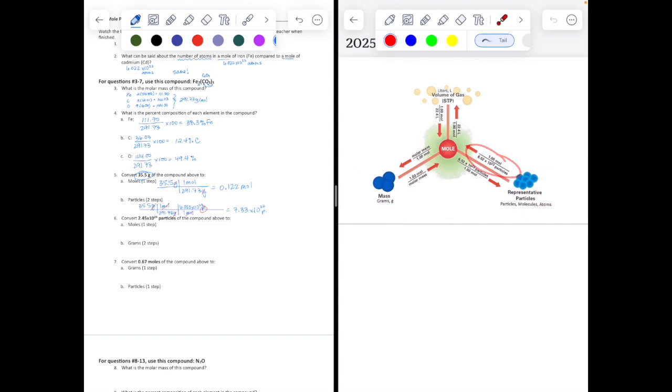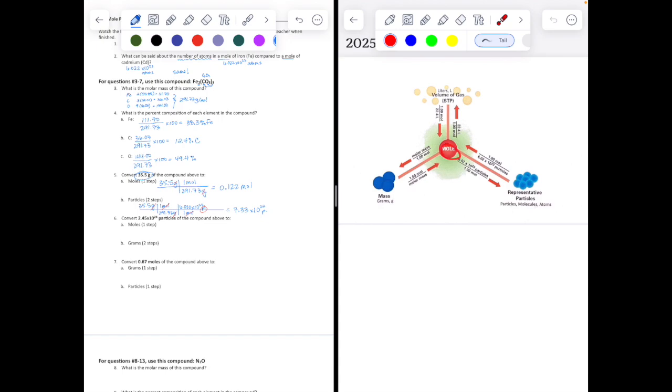And so we're going to use this conversion factor, 1 mole over Avogadro's number. And then for the next one, we're going to go to grams. So we're going to start with particles, because that's what we're given in number 6. And then we're going to go to moles. So we're going to use this one twice. We're going to use it for A in the 1 step, and then we're going to use it as our first step in B for our 2-step problem.